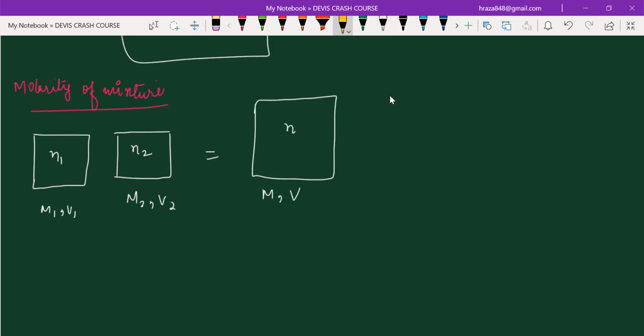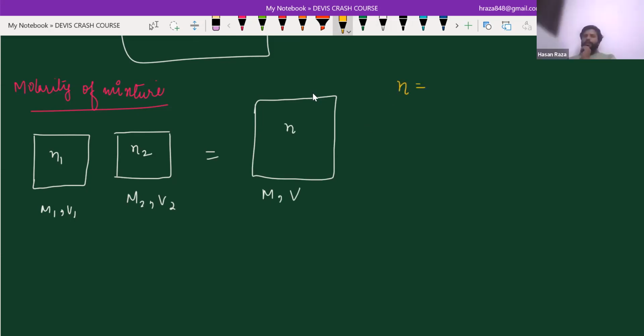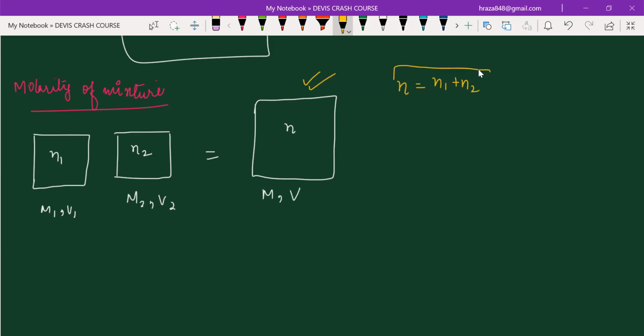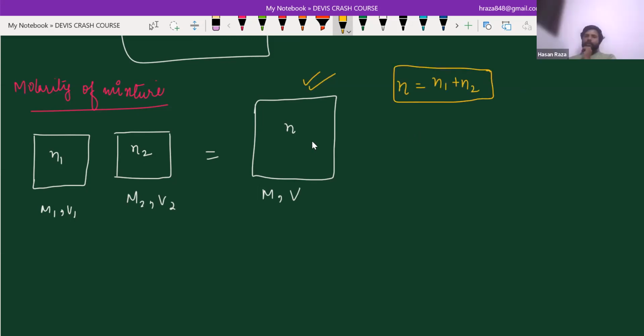Can you tell me the number of moles of solute in the bigger container? Isn't it N1 plus N2? And the volume of solution in the bigger container will be equal to V1 plus V2.